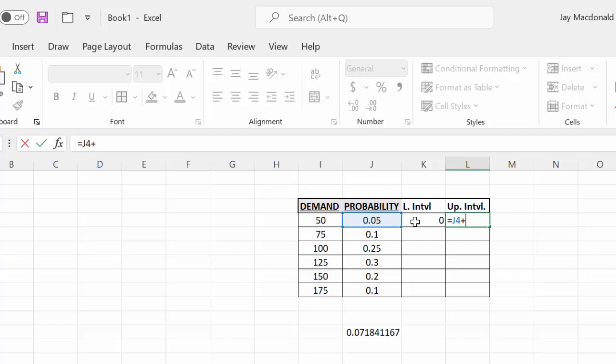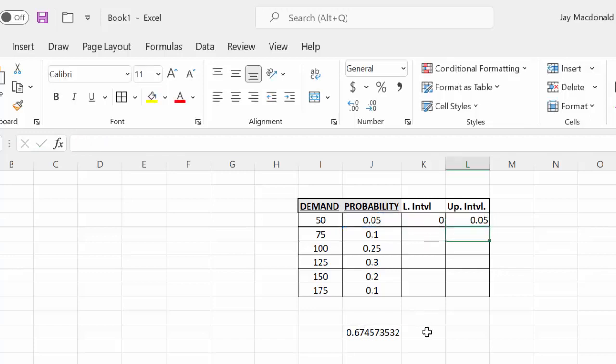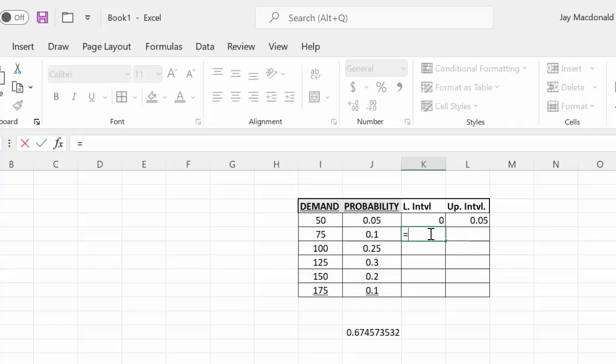And you can see, for example, if we have a random number between 0 and 0.05, then it would spit back the demand as 50. Now the lower interval is going to be equal to the previous upper interval.